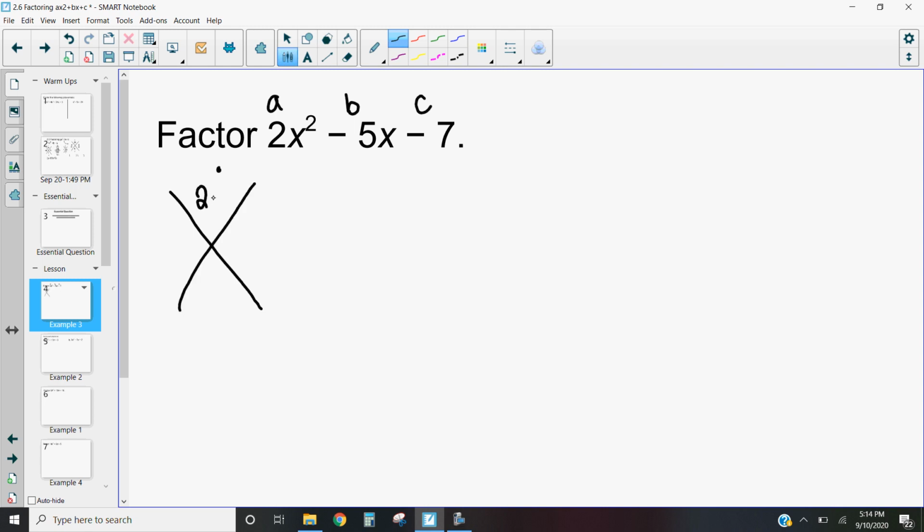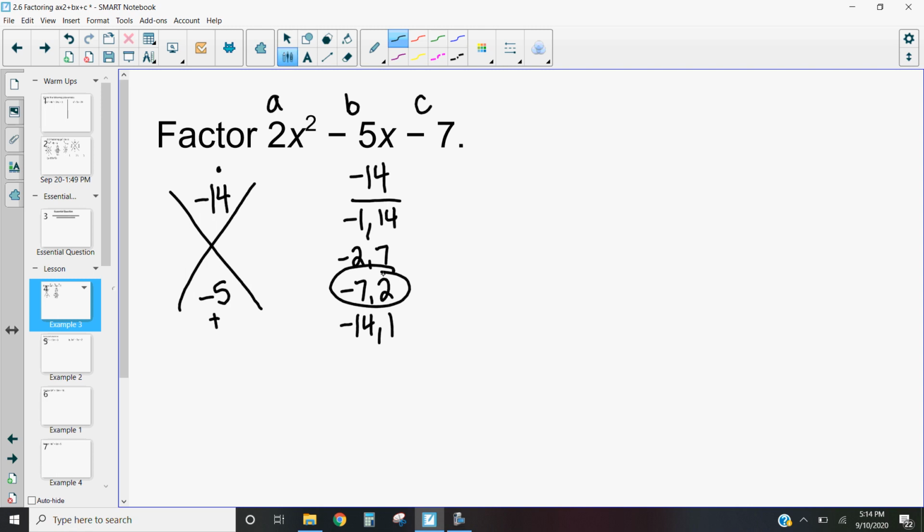I have a 2 times a -7, which gives me a -14. And then I have a -5. So I want to know what factors of -14 add to -5. I have -1 and 14, -2 and 7, -7 and 2, and -14 and 1. -7 and 2 are what add to get -5. So I have my -7 and my 2.